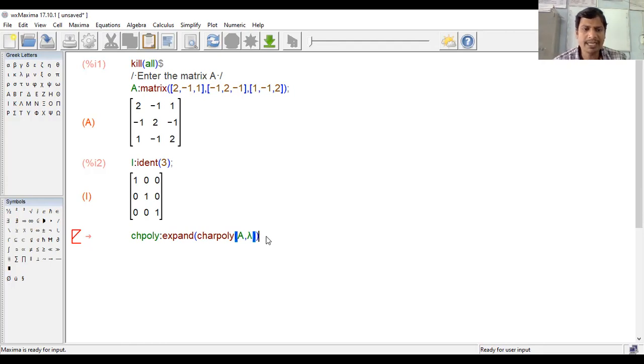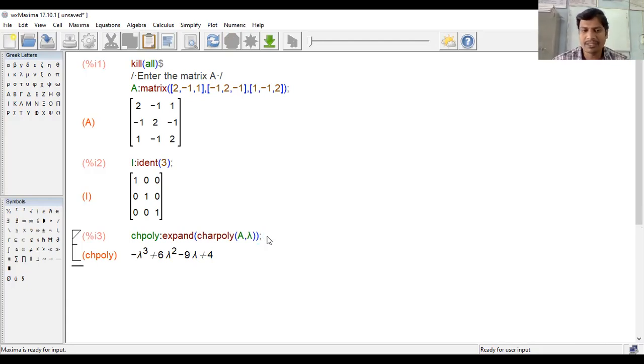Then semicolon. Then shift enter. See here: lambda cube plus 6 lambda square minus lambda minus 9 lambda plus 4.